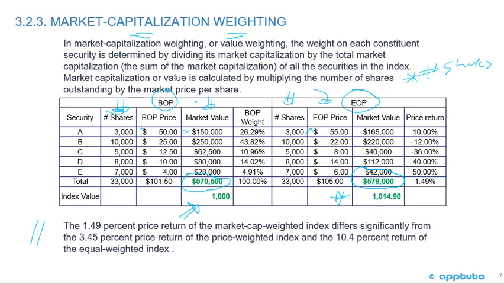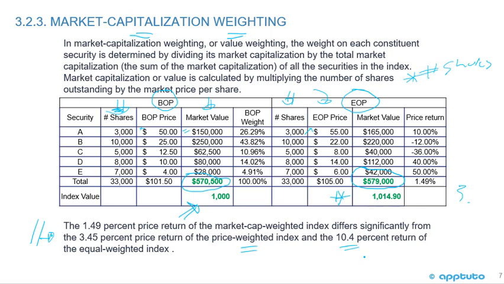We had the same 5 securities, okay? They had the same beginning of period price, and we had the same end of period price, but we looked at 3 ways of calculating index returns. We started with the price return, and we had a 3.45% price return on the price weighted index. The second thing we did was the equal weighted index.